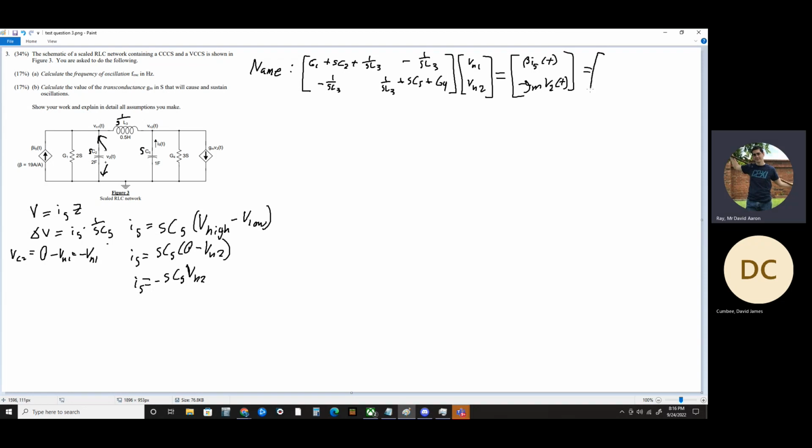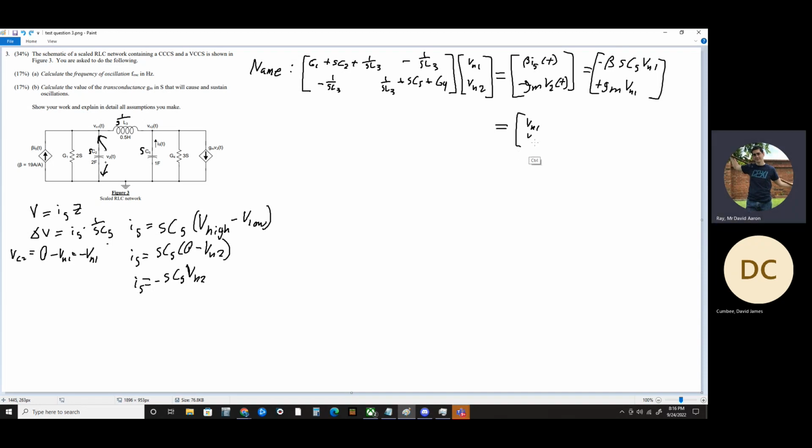this is going to equal beta times I5, which is going to be negative SC5 VN1. And then the bottom one is going to be negative GM V2 of t, equal to our VC2, which is negative VN1. So that's going to make this positive VN1. Now we're going to split it up into a 2 by 2, so we're able to subtract it from both sides. So VN1 is this column.